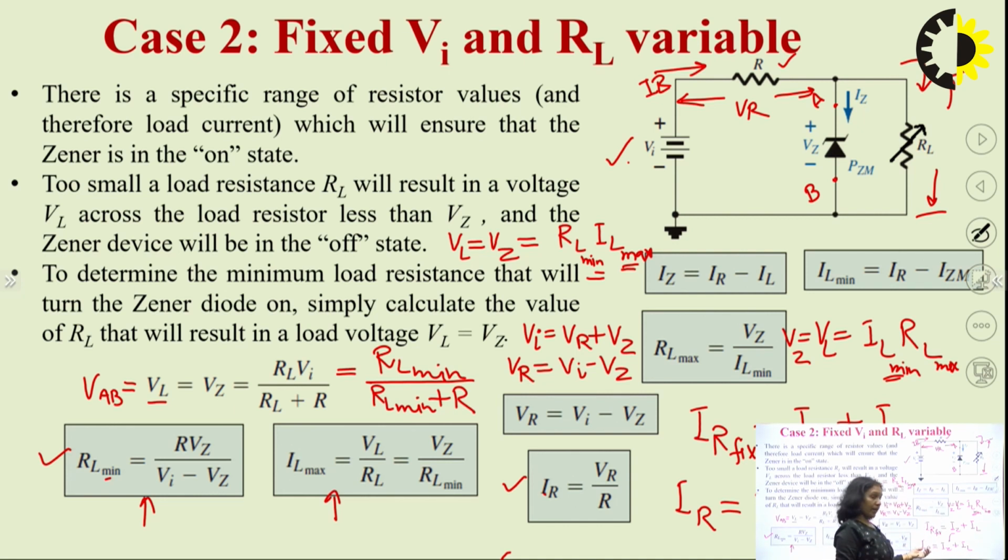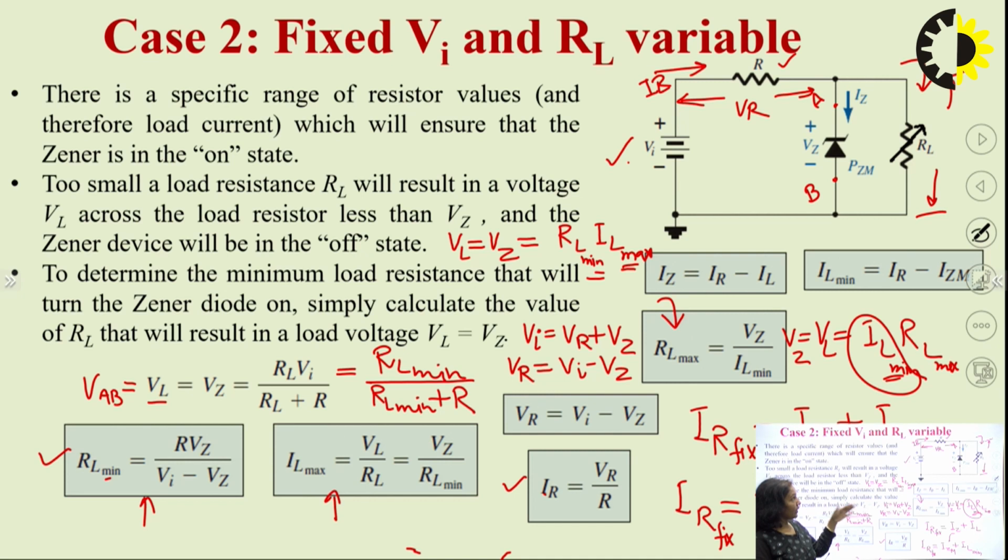We are interested in finding IL minimum, so for that we must know IZ maximum. If IZ maximum is known and IR fixed is known, IL minimum can be calculated. And once IL minimum is calculated, your RL max can be calculated by using this equation.